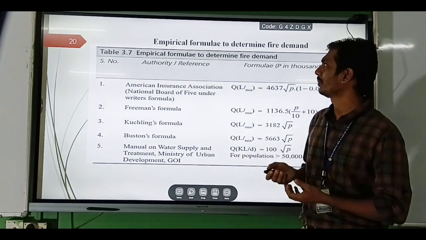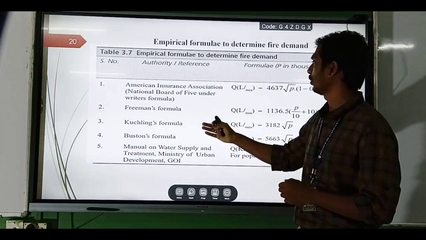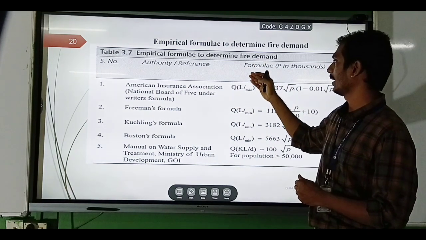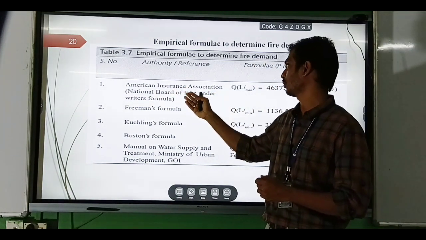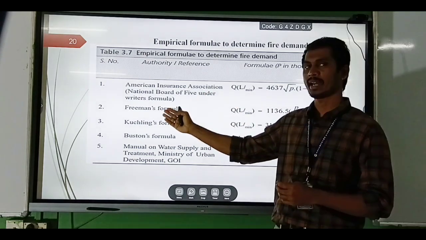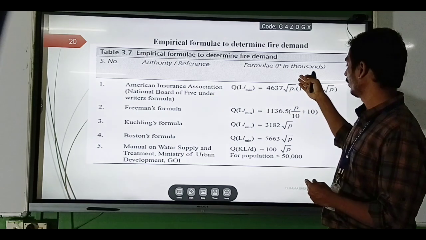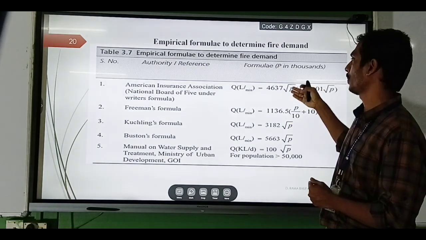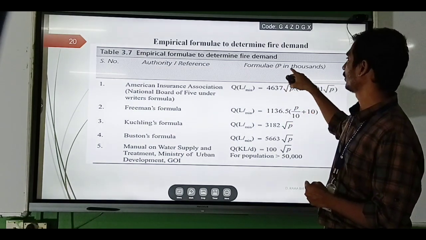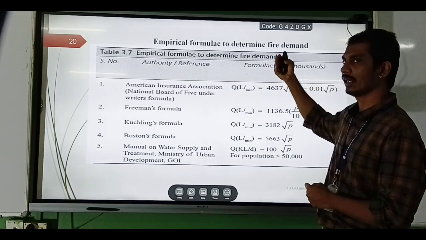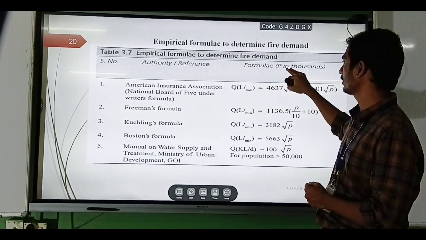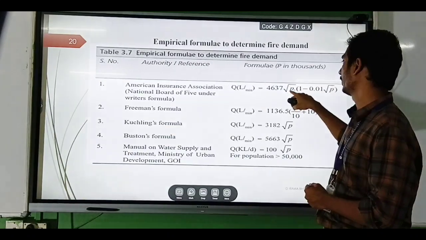These are the general empirical formulas used to find the fire demand, given by the American Insurance Association, Freeman's formula, Kuchling's formula, and Buston's formula. In all these, P is the population in thousands. So if you have the population in lakhs, you need to convert it into thousands and substitute it over here.